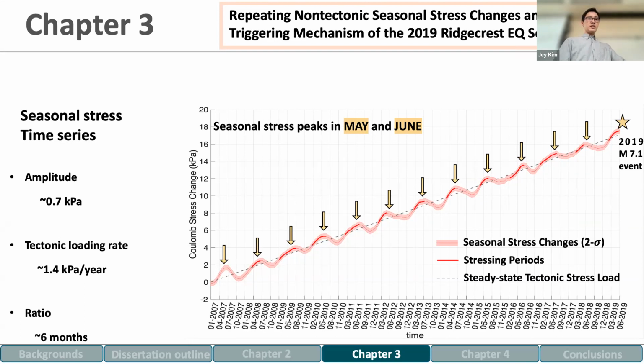So if you consider the ratio of these two values, then it's 6 months. That means that the timing of an earthquake can be advanced or delayed by up to 6 months because of seasonal stress changes.